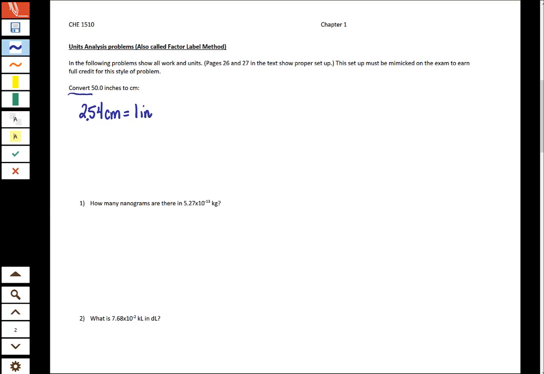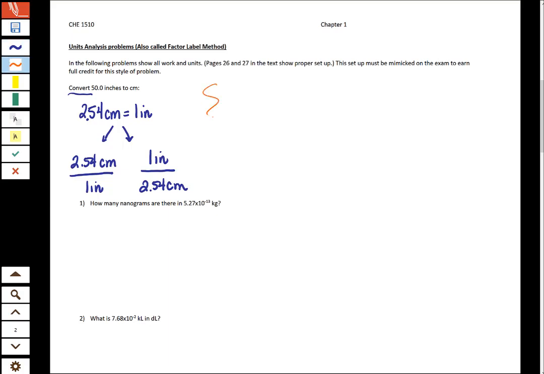And we said we could take that and write it one of two ways. We can take the 2.54 centimeters and put it on the top with the 1 inch on the bottom, or we can flip that around, put the 1 inch on the top and put the 2.54 centimeters on the bottom. These are all ways to write a conversion factor. Now we just need to figure out which way to write it so that it works for us.